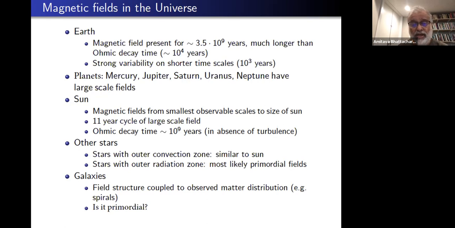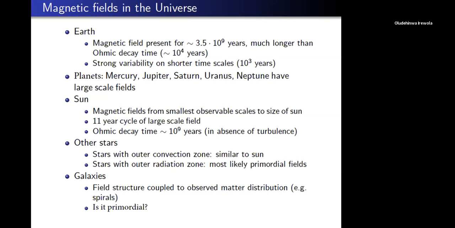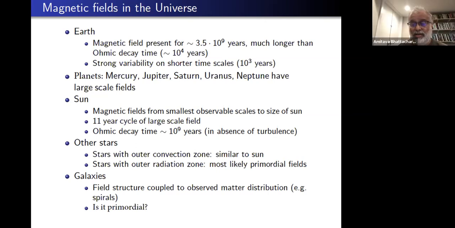If you move on to the sun, from the Earth and the planets, you have magnetic fields from the smallest observable scales to the size of the sun. And this beautiful 11-year cycle of the large-scale magnetic field continues in many minds to be a mystery. What I am talking about here are two levels of problems. And the field is still quite open for many of you who would venture to get into it, or are in it already.